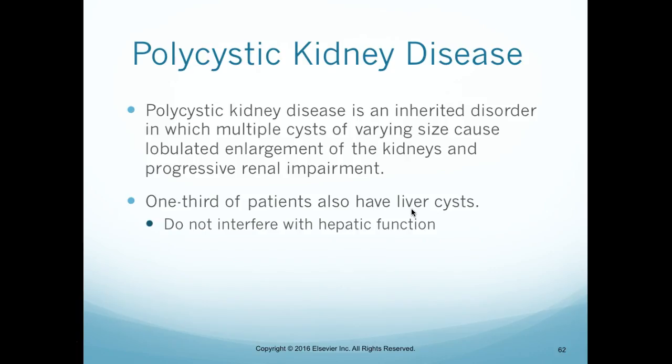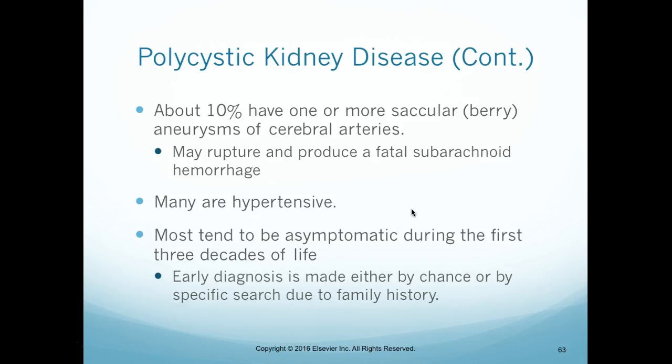Polycystic kidney disease. It's an inherited disorder in which multiple cysts of varying size cause lobulated enlargement of the kidneys and progressive renal impairment. One third of the patients also have liver cysts. It doesn't interfere with the hepatic function, whereas the polycystic kidneys can.